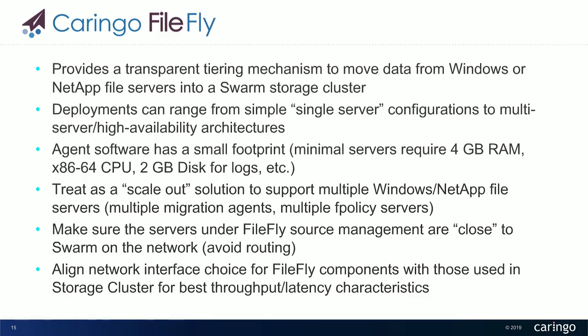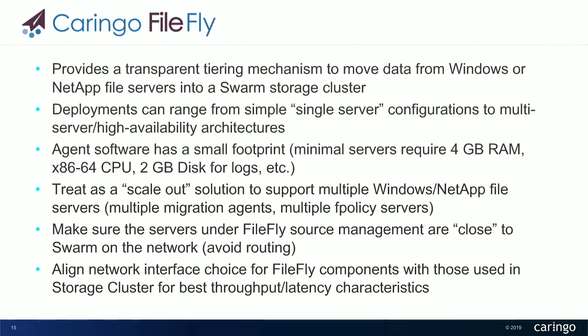The reason for that is that if a user were to come in to a set of data that had been migrated off of one of these filers and they want to access it again, FileFly is going to trap that request. And what it's going to do is make a call out to Swarm storage and say, pull this set of data back and make it local again, so that the user can access it and use it with whatever application they use to touch that data.